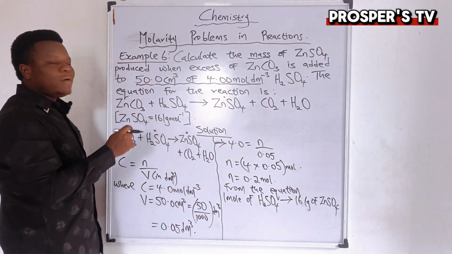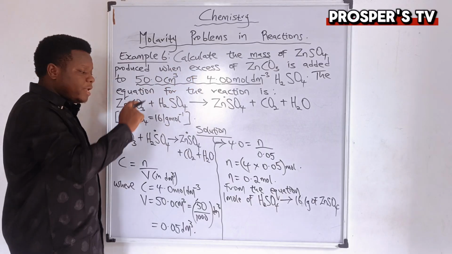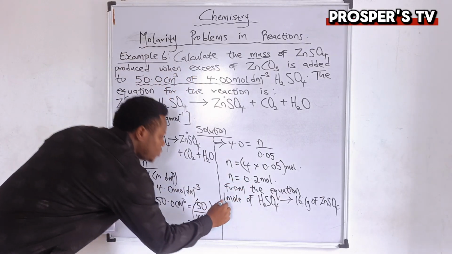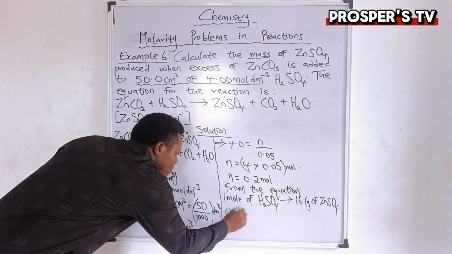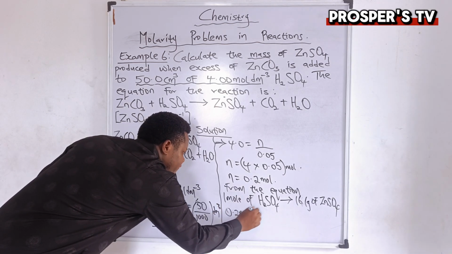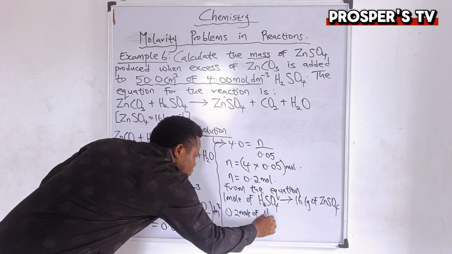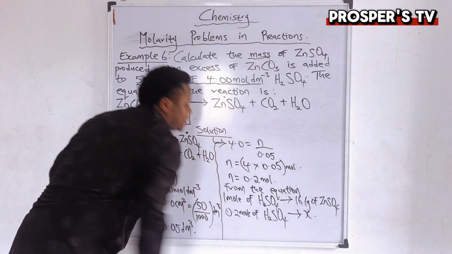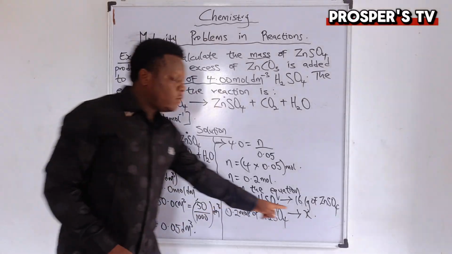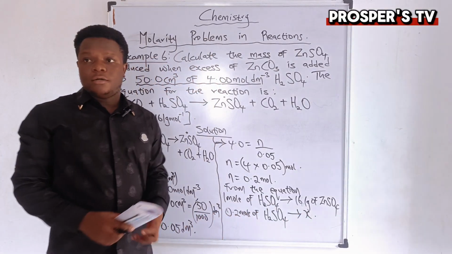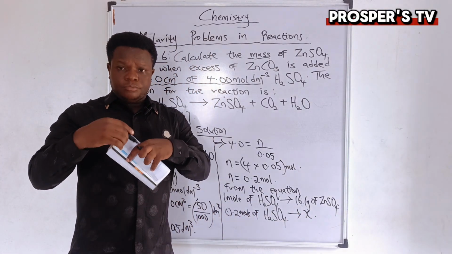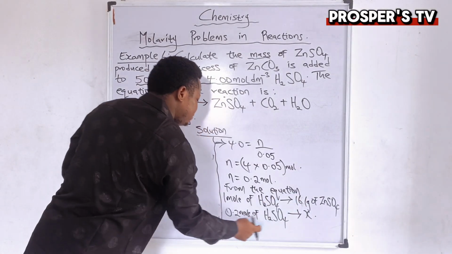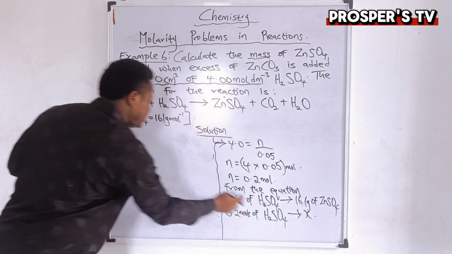But now I have discovered that in this reaction, the amount of H2SO4 that reacted is not 1 mole, rather it is 0.2 mole. So I will say 0.2 mole of H2SO4 would give you X. So we are looking for this mass. Are we together? Okay, so quickly from here, you cross multiply like we always do. X will come and multiply 1.